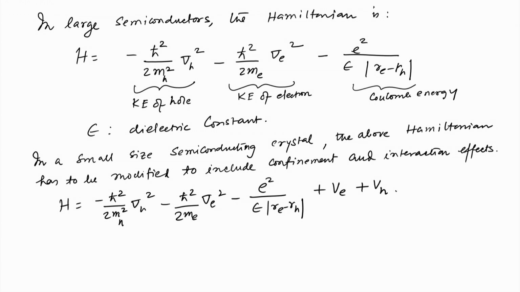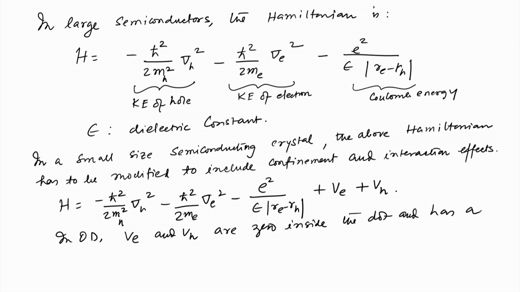We can model the quantum dot in a fashion that in the quantum dot V_e and V_h are 0 inside the dot and have a finite value outside. This finite value can be taken as some V_0, and of course, it is up to us to consider what can be a realistic value for V_0.